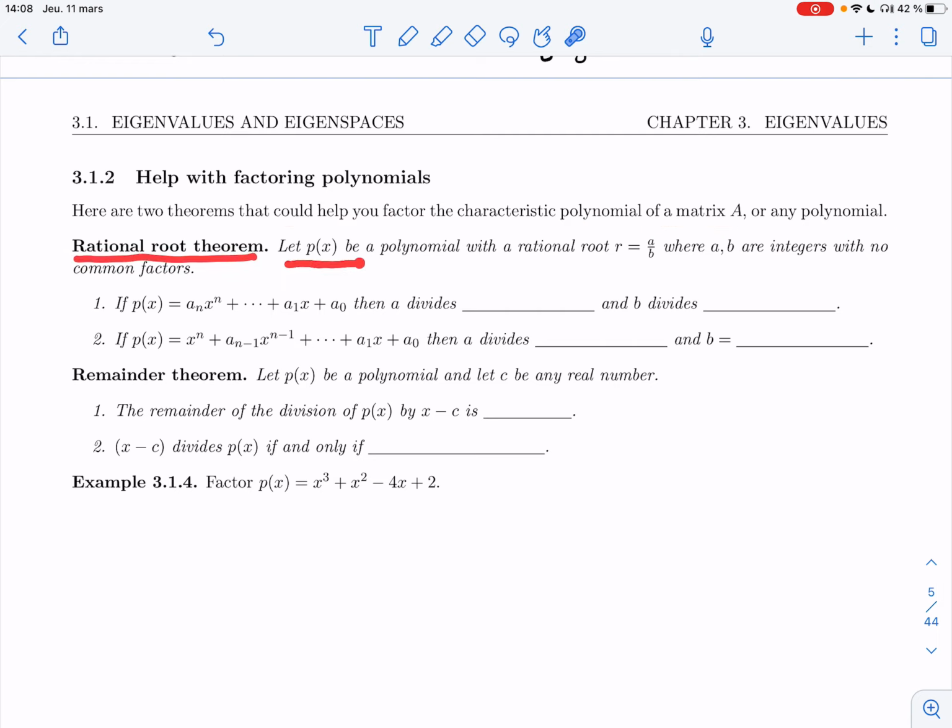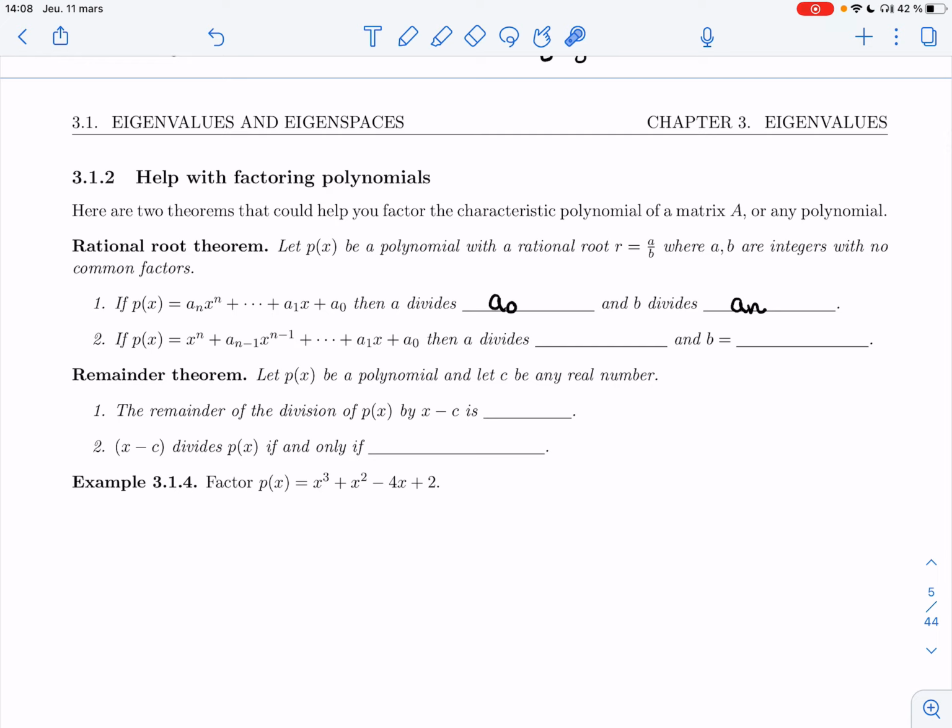Let P of x be a polynomial with a rational root r equals a over b, where a and b are integers with no common factors, so a simplified fraction. If P of x has these coefficients here, then a divides a0 and b, the denominator, divides an.